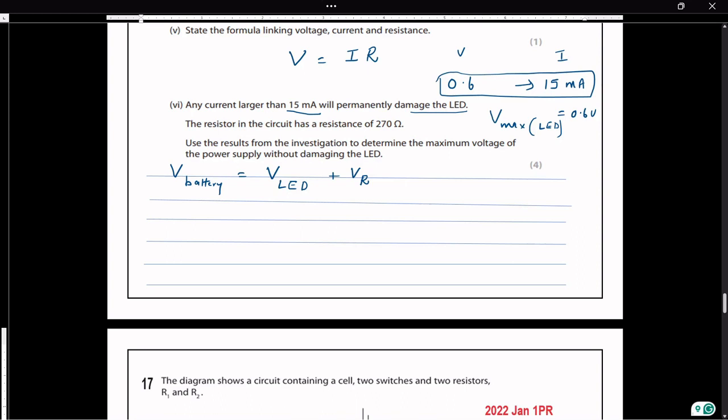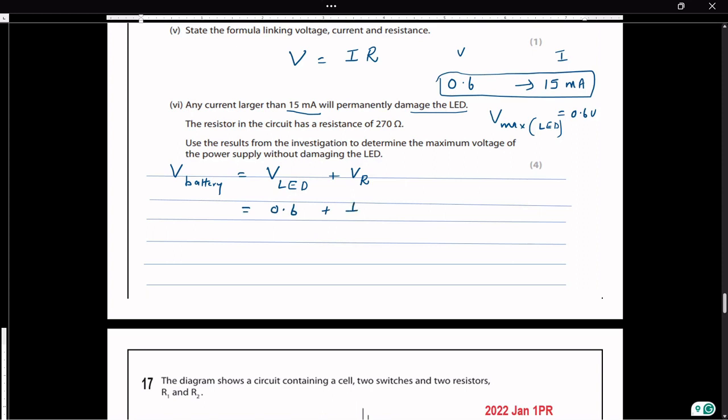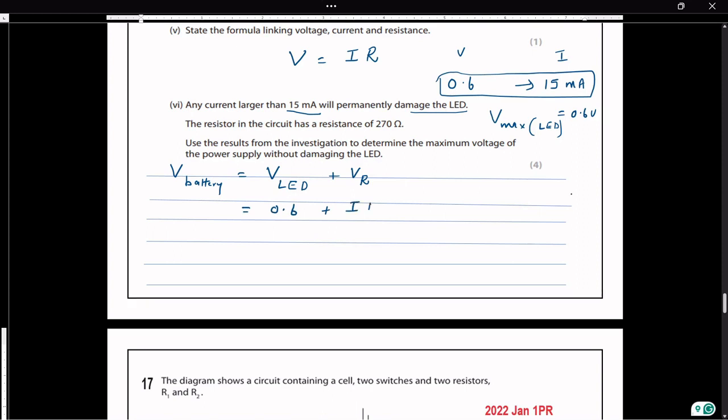And here the battery voltage, we have to calculate VR first. And the LED voltage, we know that it is 0.6 plus VR, which is the current flowing through the resistor times the resistance value.